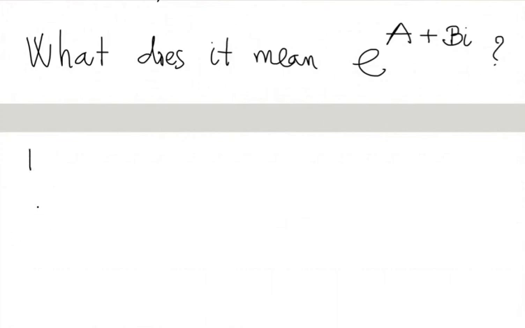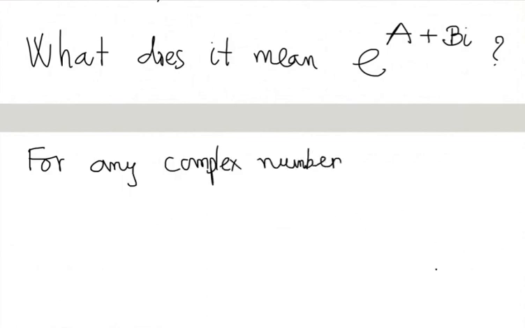In general, for any complex number that is denoted by z, we define e to the z as a power series, which you saw in calculus 2. In calculus 2, you only learned power series for a real variable, but here we can use the same series for a complex variable.